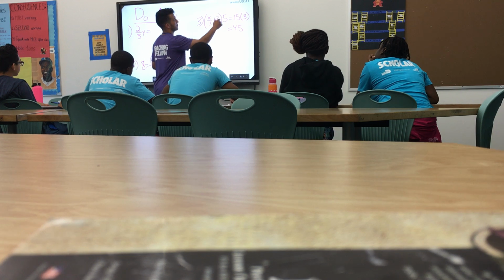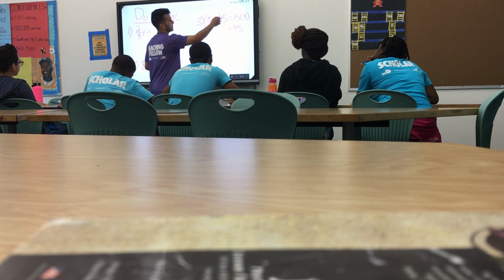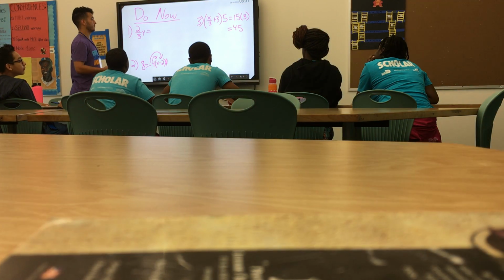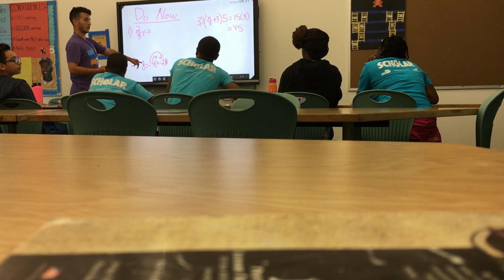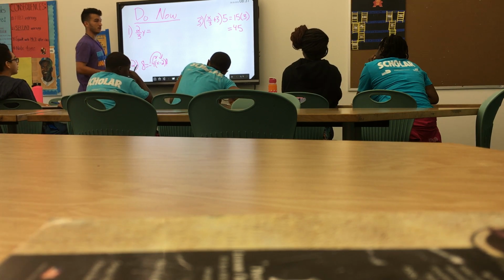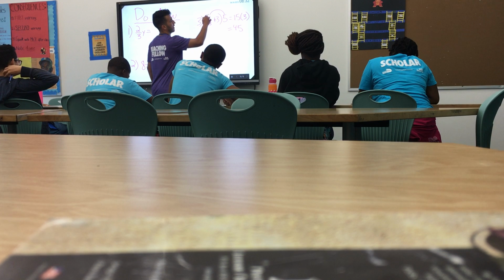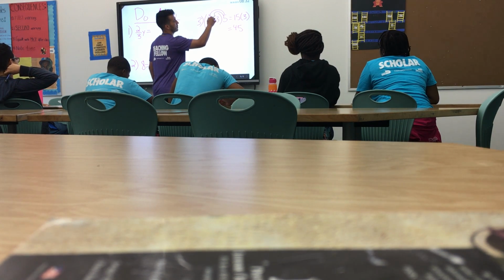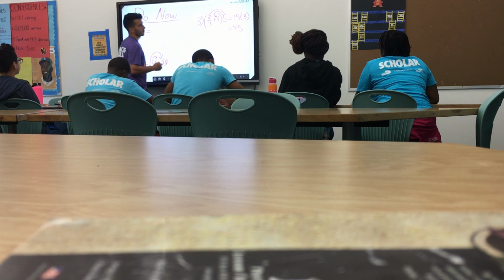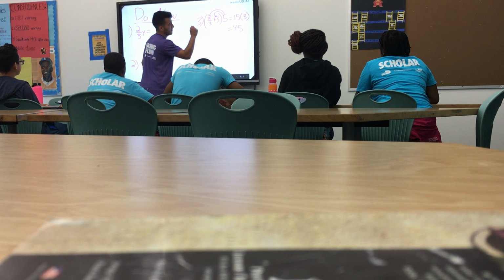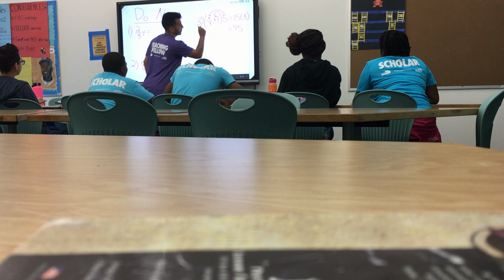See these parentheses, right? I see that there's something tied to these parentheses outside. 5, right? We're going to do what Brianna did right here. We're going to distribute, okay? So, 5 times x over 3, 5 times 3. 5 times x over 3 is what, Isaiah? 5x over 3.